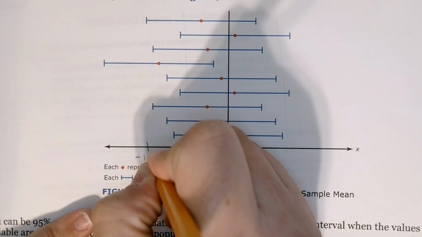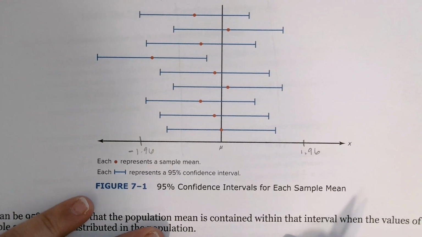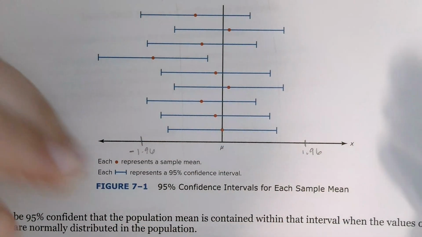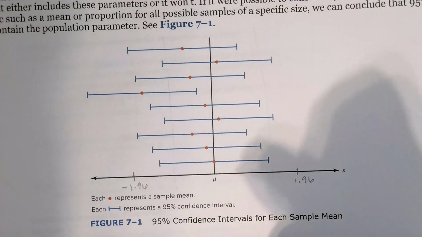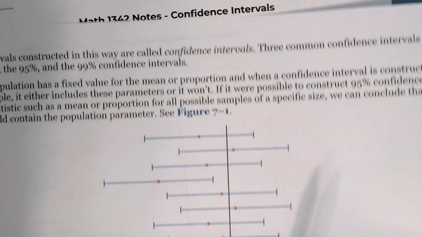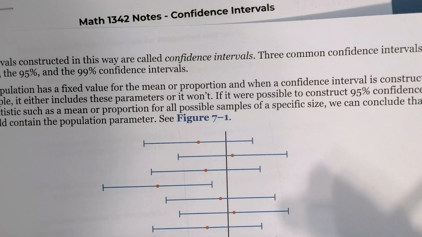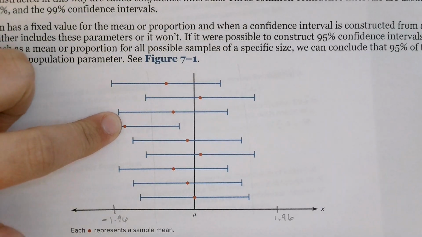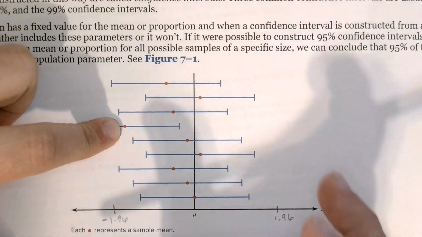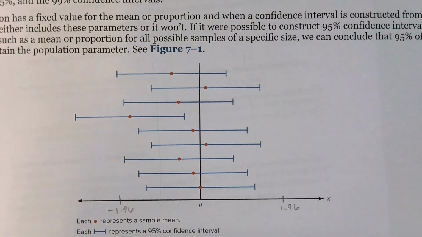So I'm telling you that your number should fall within about 2 of my mean. So your mean for your sample may or may not fall within the interval that I give you, but it most likely will fall within that.